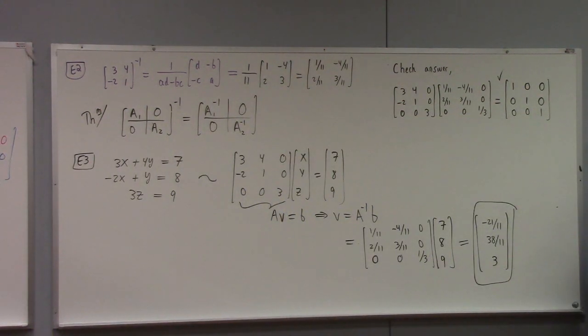Example 4. Let us suppose we have a 4x4 matrix A and non-zero vectors v1, v2, v3, v4, such that, here's the deal.